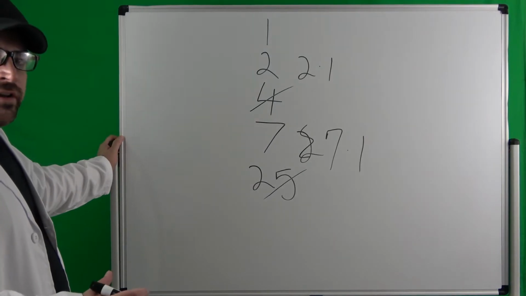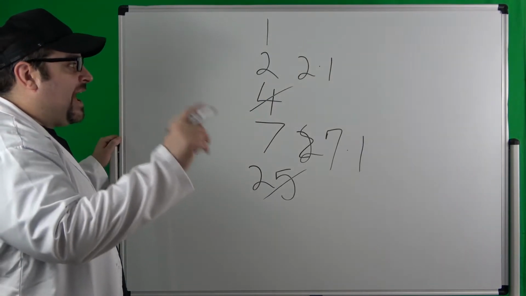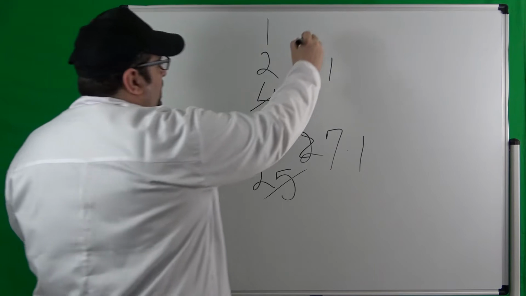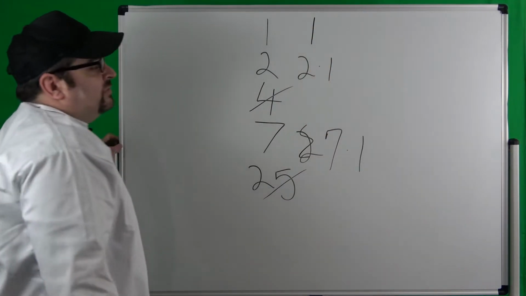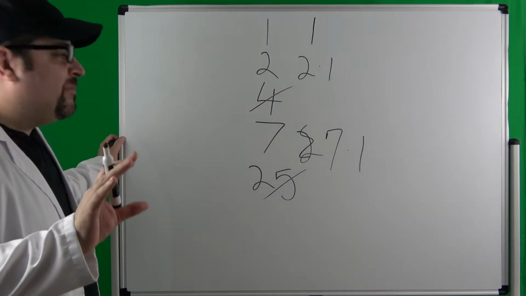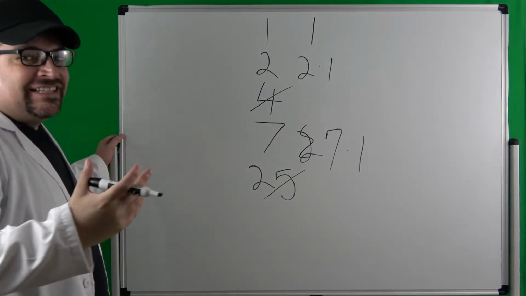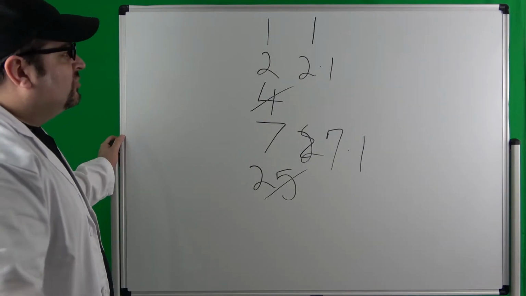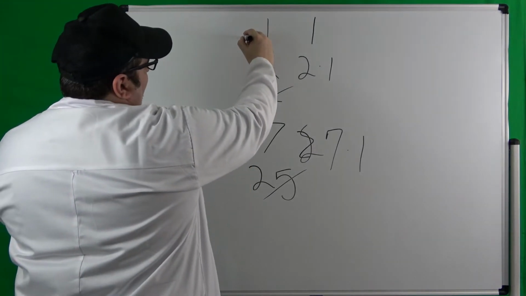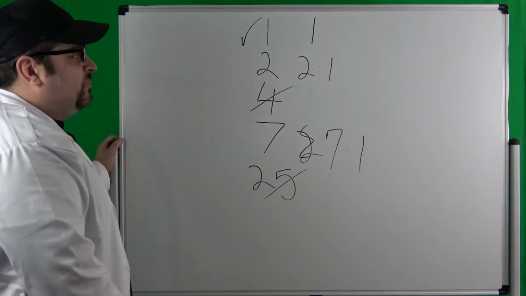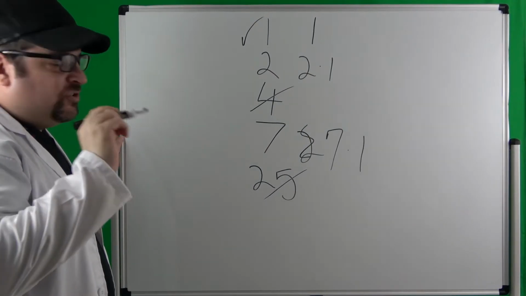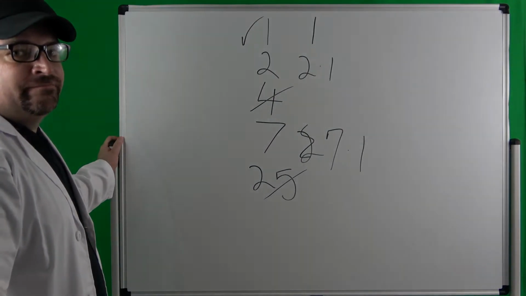However, 1 only has one factor, 1. So here's a really fun math fact. 1 actually isn't even a prime number. So boom. The answer to this question is 1. Don't let them try to trick you on a question like this.